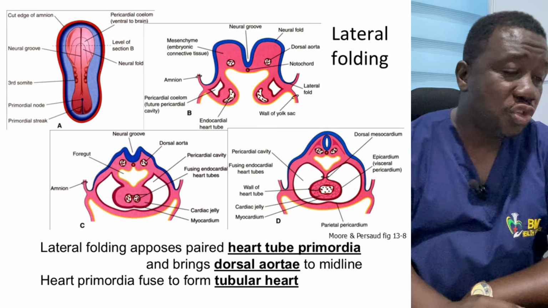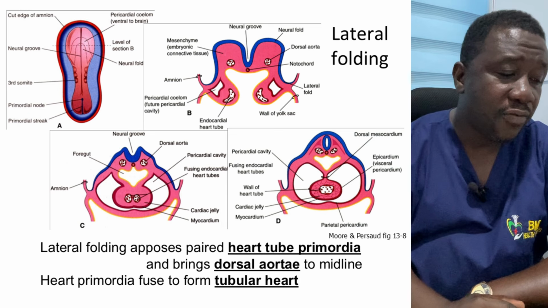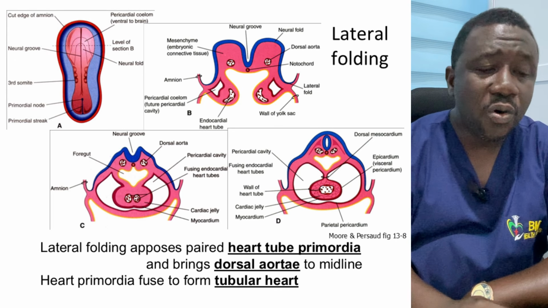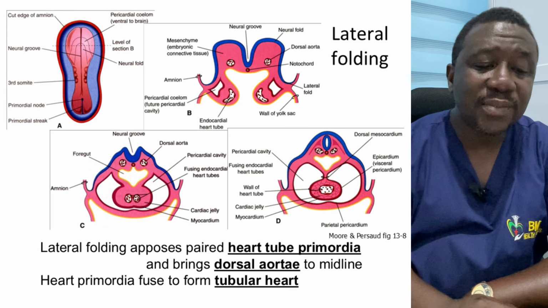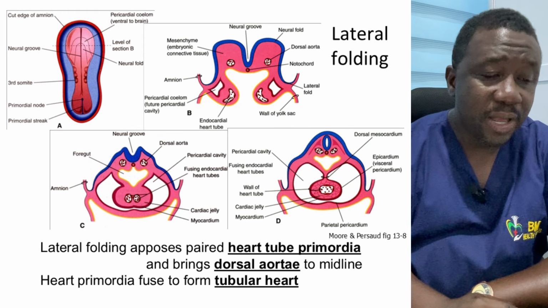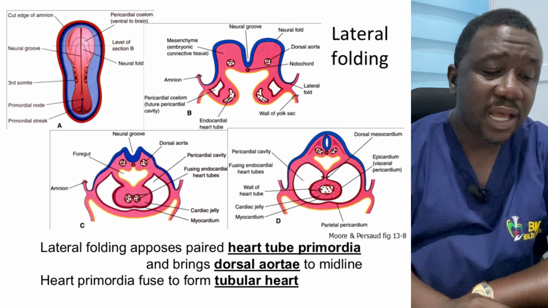A is showing the superior view of the developing embryo. B is showing only the lateral aspect. So here, this is the lateral fold, another lateral fold here. So we have our pericardiac space here, and then we have the endocardiac tube here.